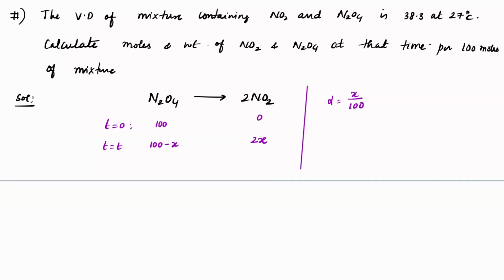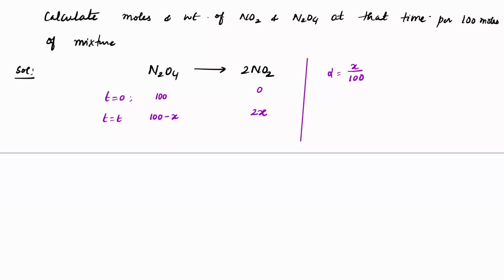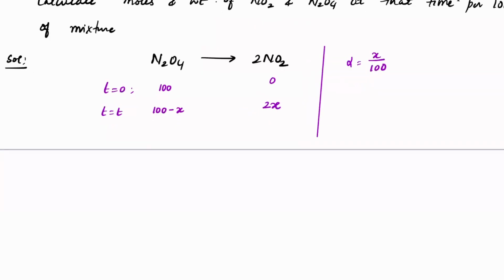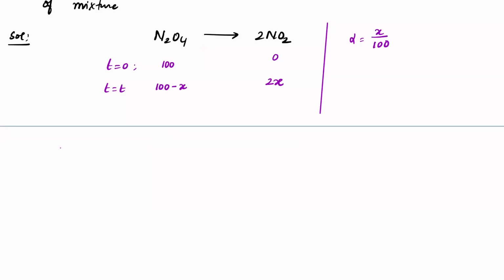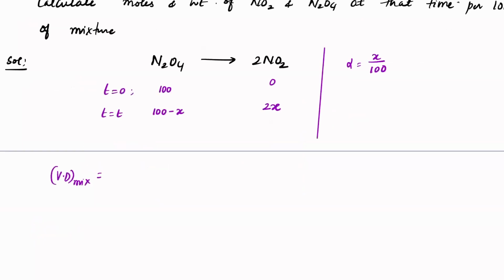So if you have 2x here, alpha would be equal to x by 100. Now notice the vapor density of the mixture is given as 38.3.